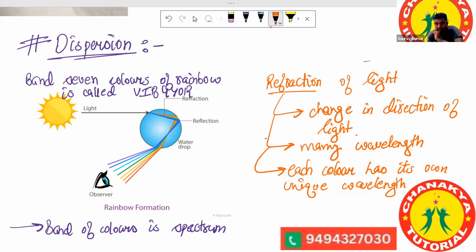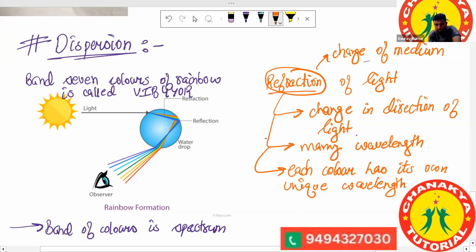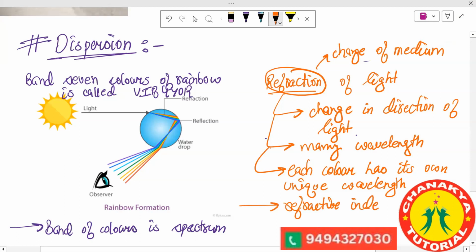Refraction happens when there is a change of medium, right? And each medium has its own refractive index. Do you know about refractive index? Sir, how much it could refract the light? Yes, how much it could refract the light.